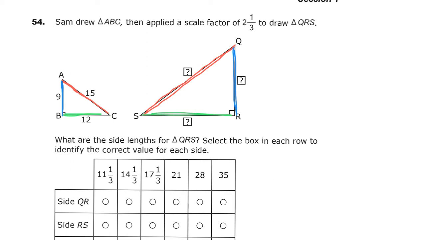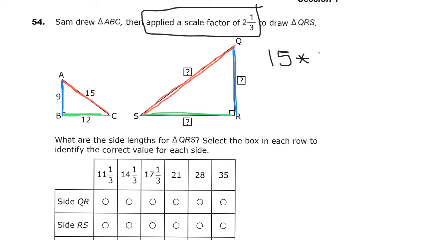All right, Braden, if you're going to apply a scale factor, you're going to multiply everything by that number. So you're going to take the 15 and multiply it by 2 1/3. You're going to take the 9 and multiply it by 2 1/3.